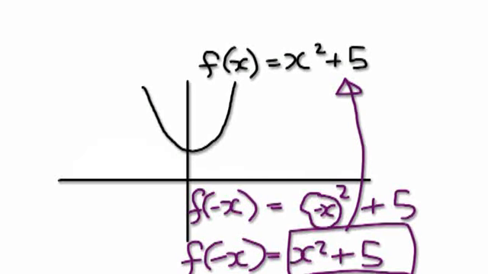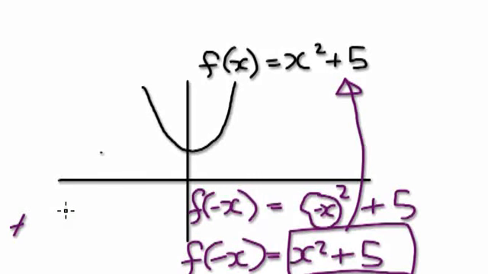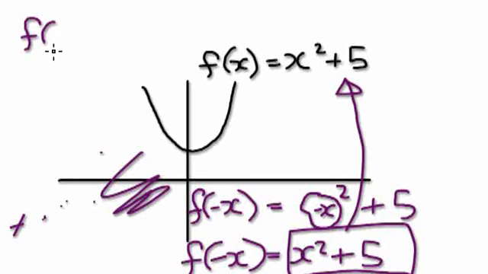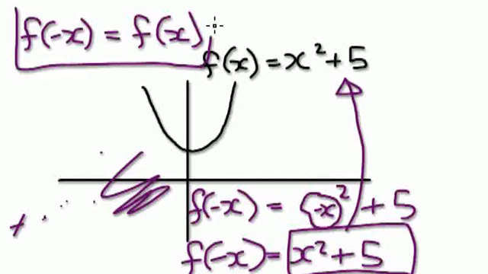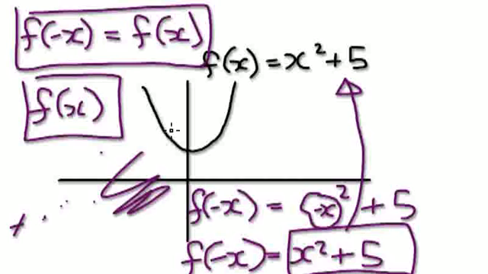Now that we know f of minus x equals f of x, because we know this is true, then we can say that f of x is an even function.